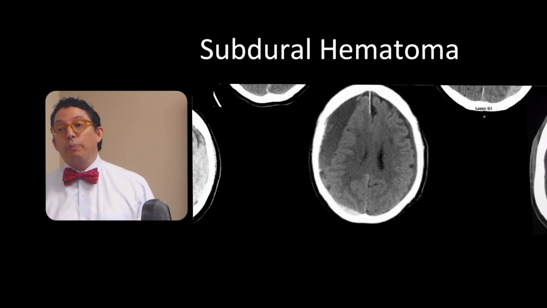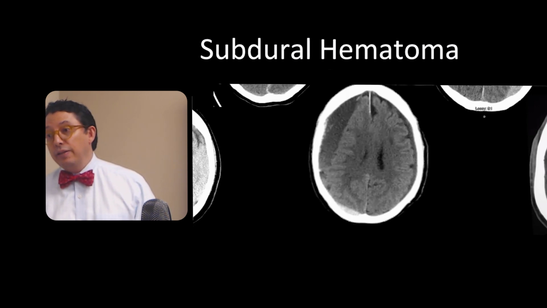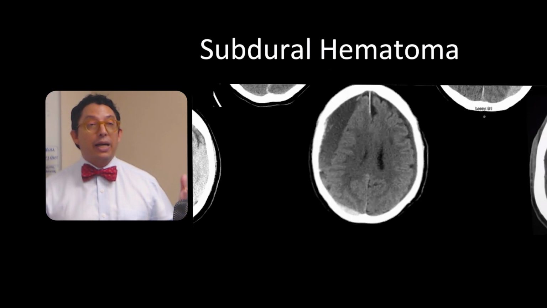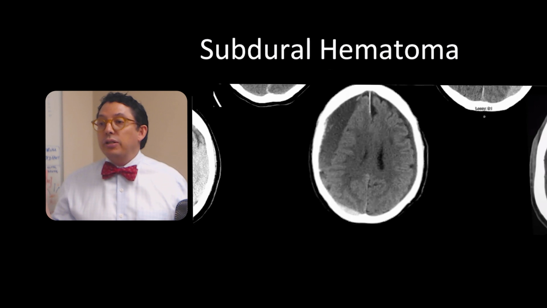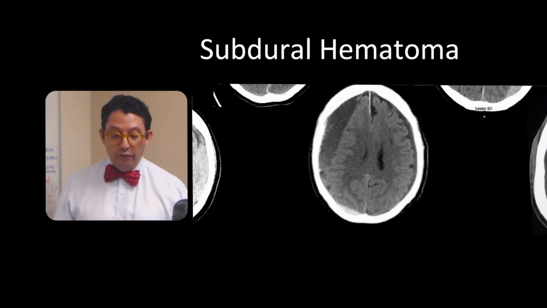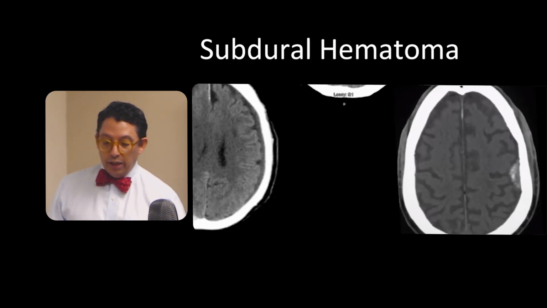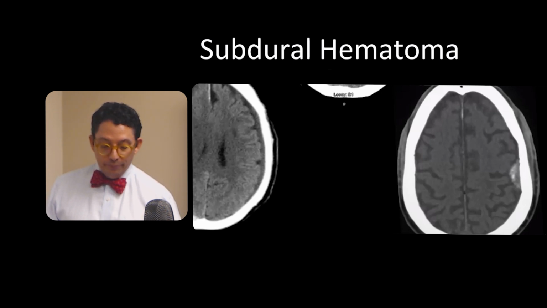This is a super important emergency to know about because he doesn't have much space to bleed. So these patients tend to get worse so fast because they kind of had the space occupying lesion, but once you bleed again, they expand very, very fast. And they can look like this, which looks like a very small one, right? In this case, it has a calcification where we don't know it's also a meningioma.